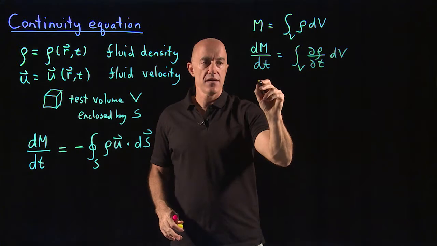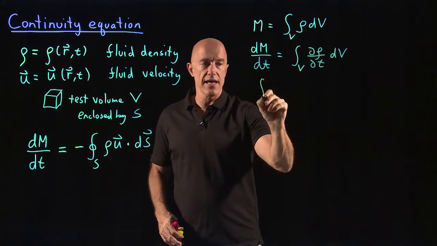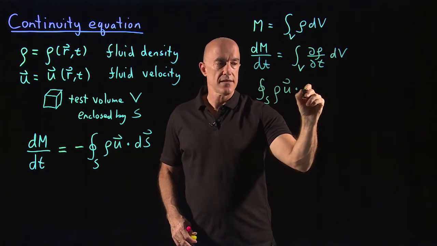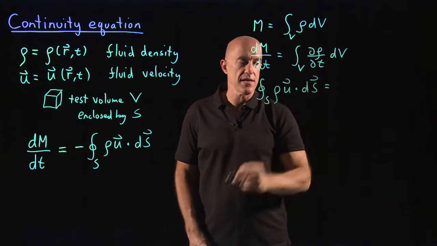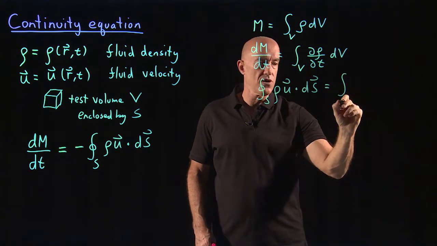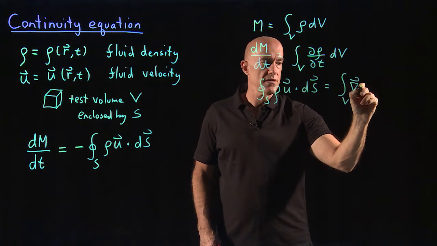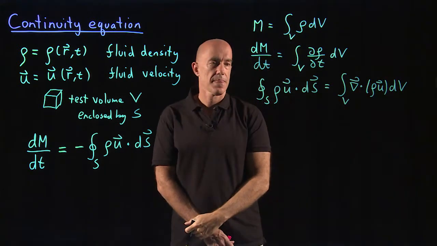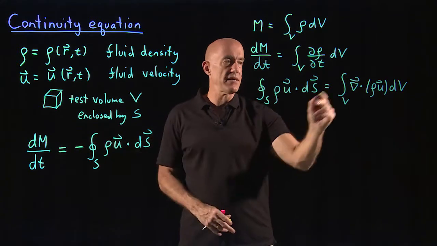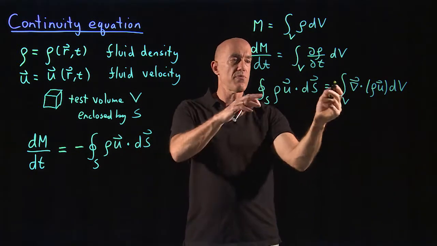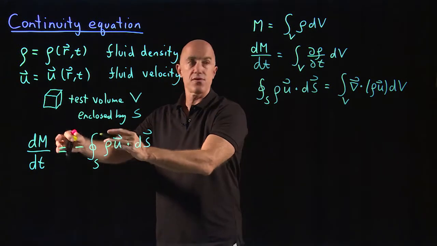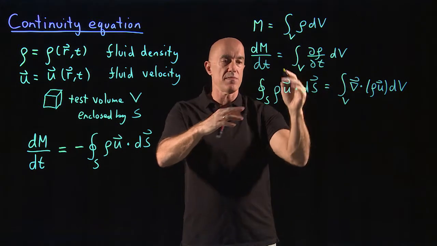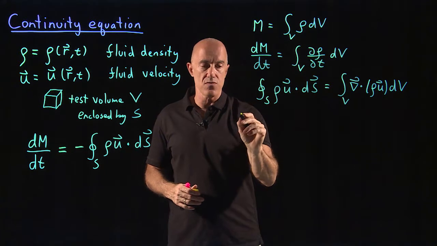The right-hand side will use the divergence theorem. So we have the integral over the surface of rho u dot dS. Applying the divergence theorem, it becomes an integral over the volume of the divergence of rho u dV. Okay? And that gets a minus sign on the right-hand side. So if we bring the right-hand side into the left-hand side, using these two results, the minus sign on the right becomes plus on the left, and we put them all under one volume integral.